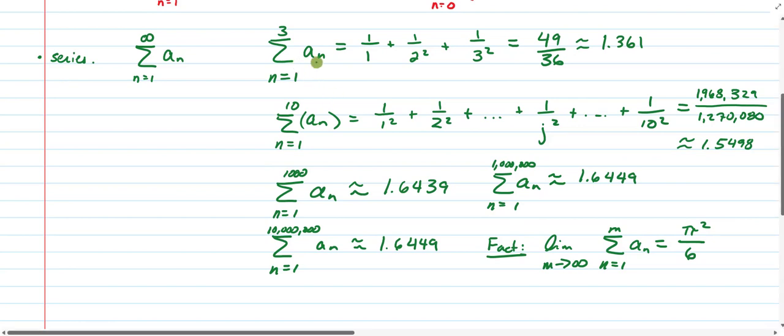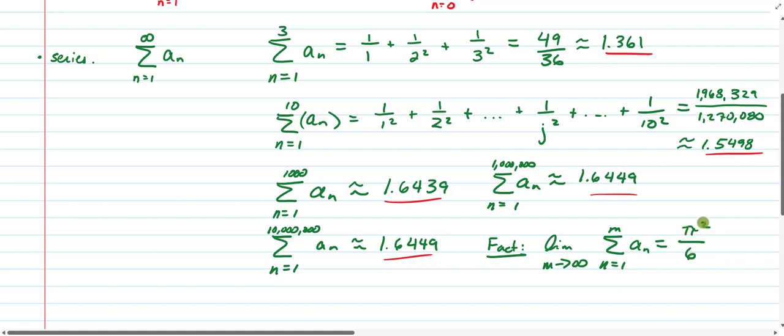So what we have here is a situation where one way you could look at it is each one of my finite sums gave a new term in a new sequence. So for example, when I add up the first 3 values, I got approximately 1.361. And then I added up the first 10 values, the first 1,000 values, and this itself generated a new sequence, and this sequence itself is converging to a value.